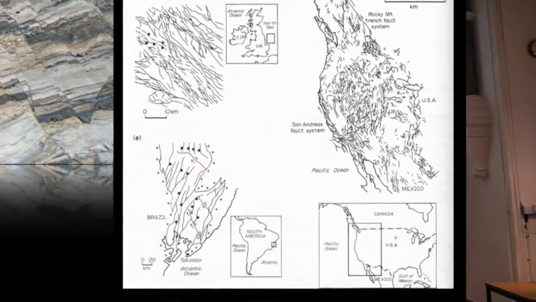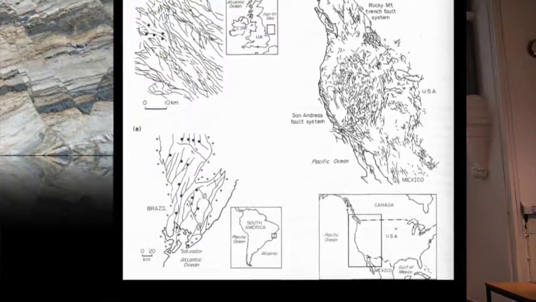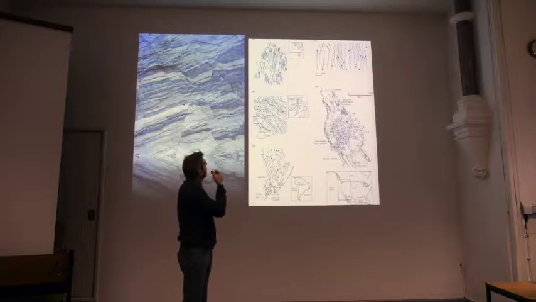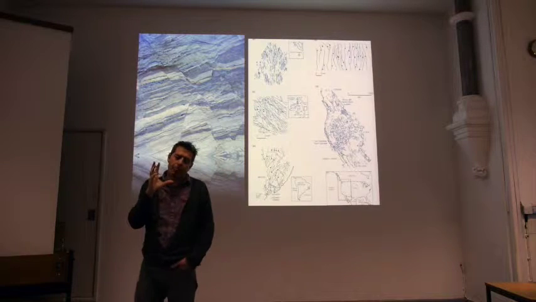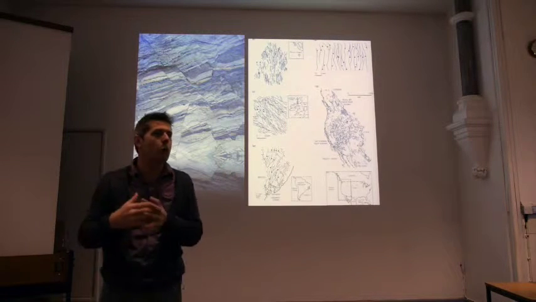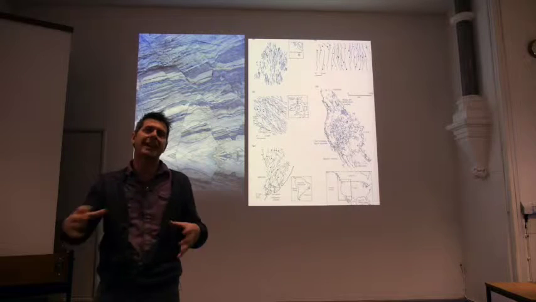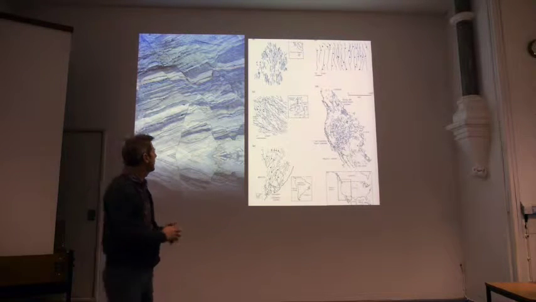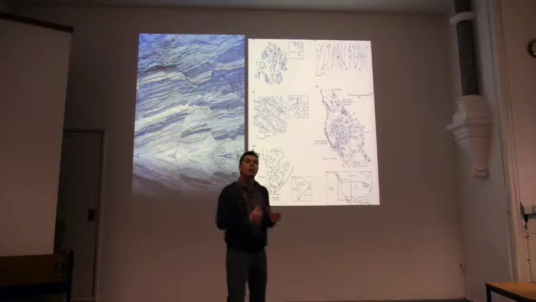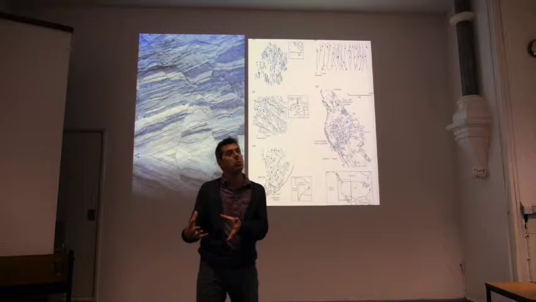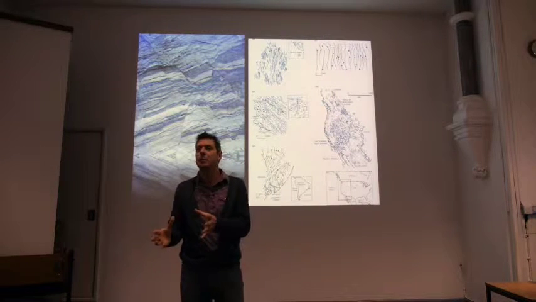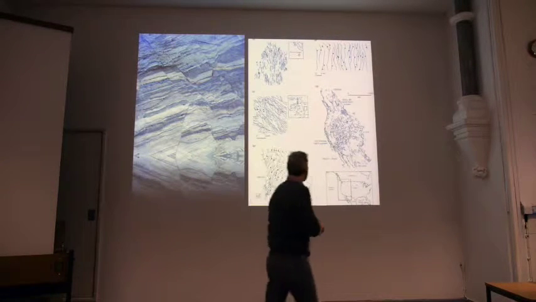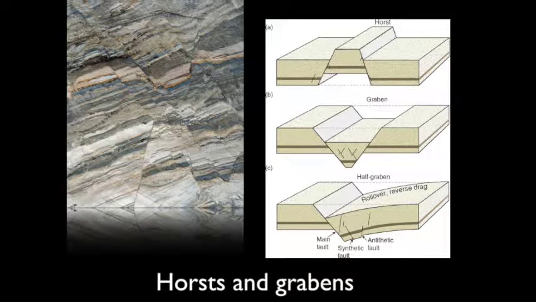Then we can scale up to a set of normal faults in the Basin and Range. All of these faults have broadly similar characteristics, even though the scale of their areal extent is very different. That's useful, because it means you can study small scale ones and get an idea about how the bigger scale ones work. So let's deal with some basics.